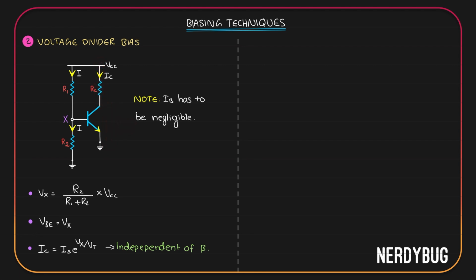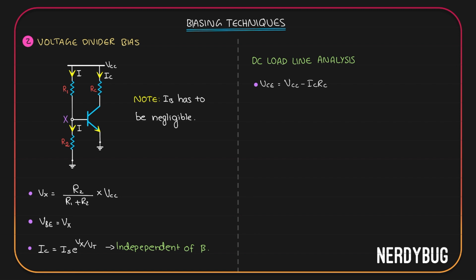In simple words, VCC is supplied, ICRC will be dropped across RC, and the rest will be between the collector and emitter. So VCE is going to be VCC minus ICRC, the same as the fixed bias configuration.